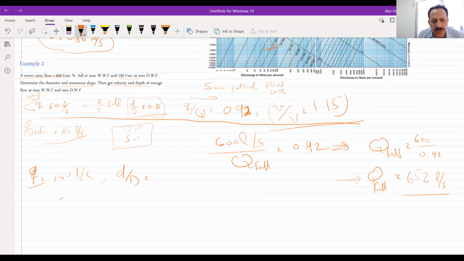Now we have q over Q equal to 0.92, and we have to find the v over capital V.